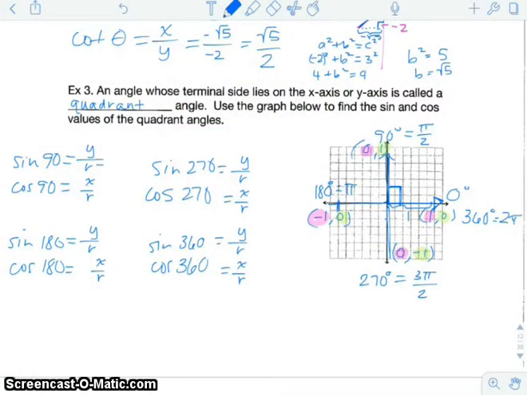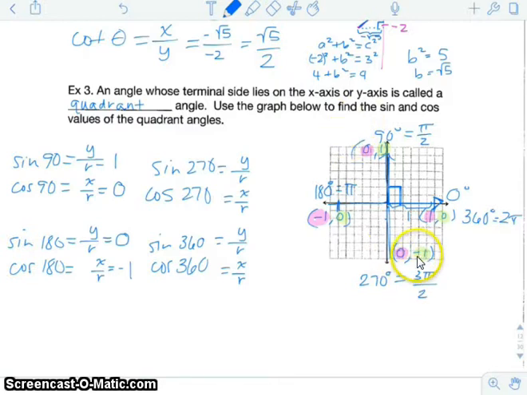So for 90 degrees, the y value is 1 over a radius of 1. We assume we're in a unit circle, so our radius we're always going to assume is 1. So sine of 90 is 1, the x value is 0, so cosine of 90 is 0. At 180, my y value is 0, so sine of 180 is 0, and my x value is -1, so cosine of 180 is -1.